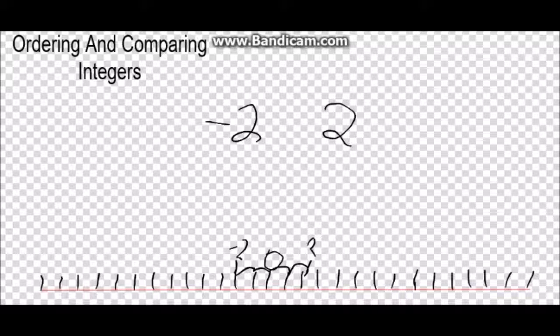Okay, so that's how you pretty much compare them. Also, you can compare them by seeing which is greater or lesser. 2 is obviously greater than -2 because 2 is on the positive side, and as I explained before, the positive side has more value than the negative side. Alright, so that's pretty much the basics of it.